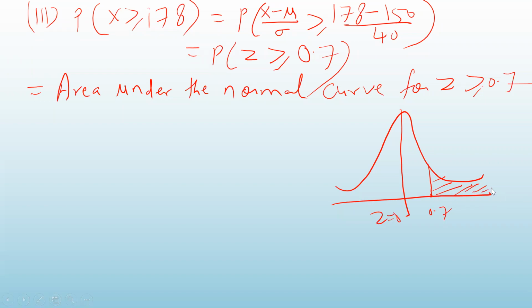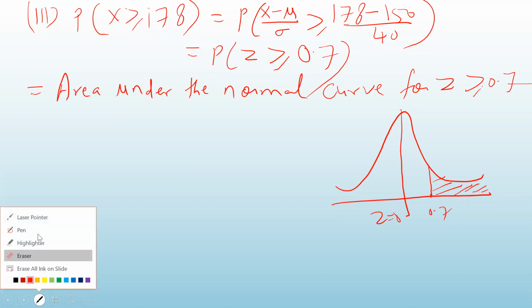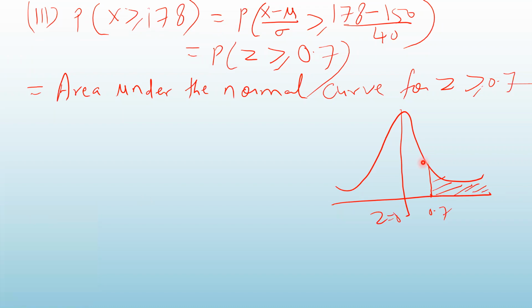Okay, how will you get this area? Look at again the same thing. z equal to 0 is the line of symmetry. So the entire area to the right side of z equal to 0 is 0.5. So from this entire area, if I subtract the area between z equal to 0 and 0.7, then I will get the required area.